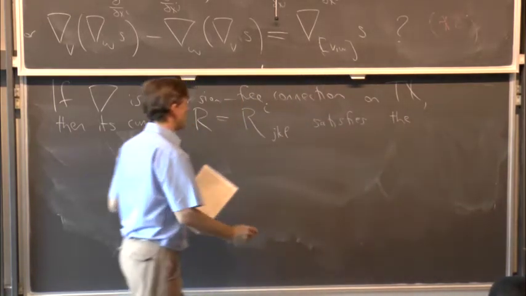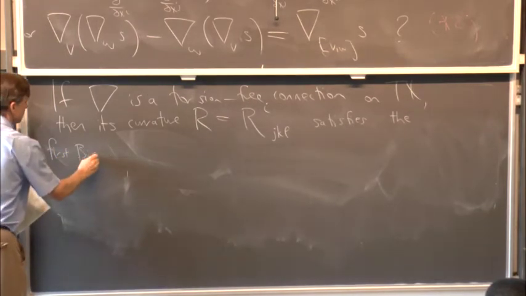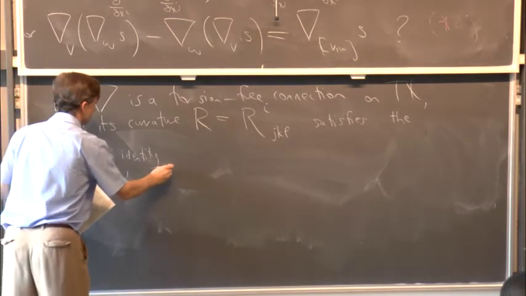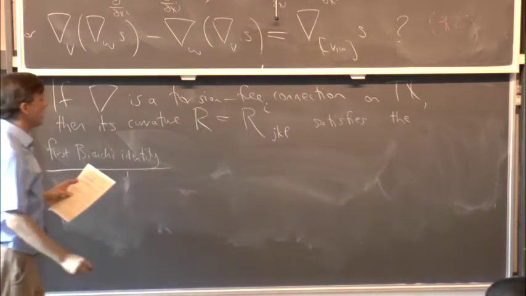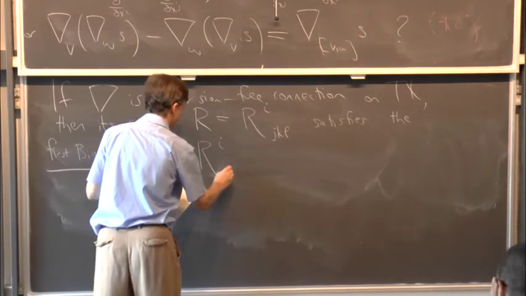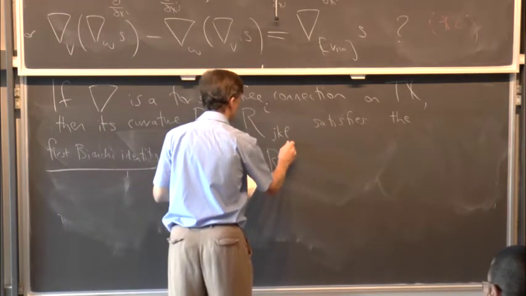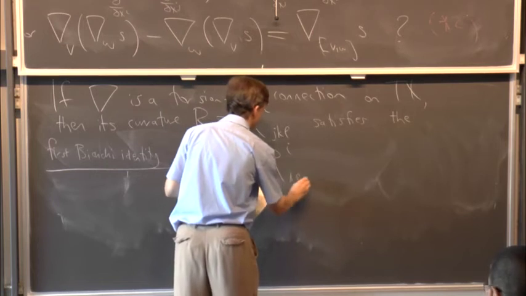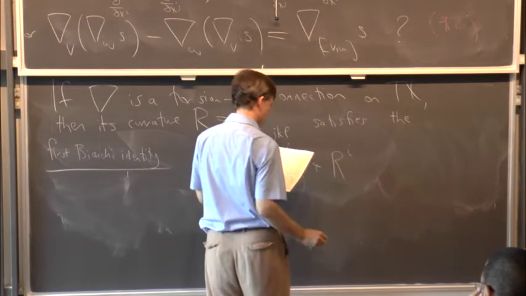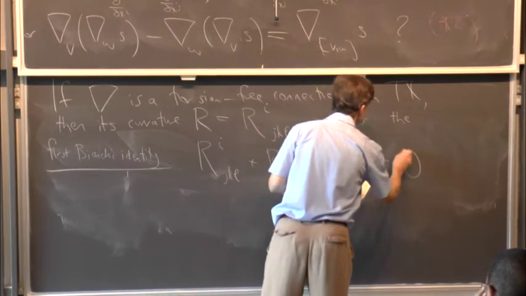Well, so the first Bianchi identity: R^i_jkl plus R^i_klj plus R^i_ljk is equal to 0.